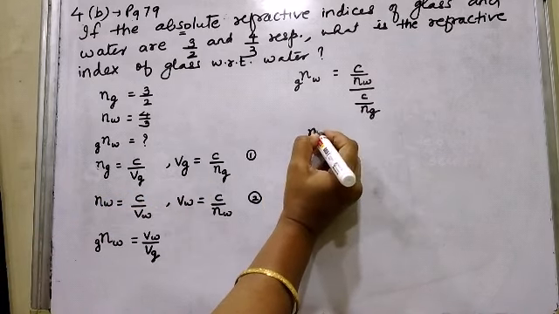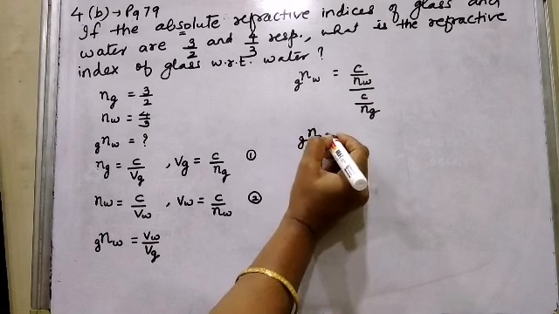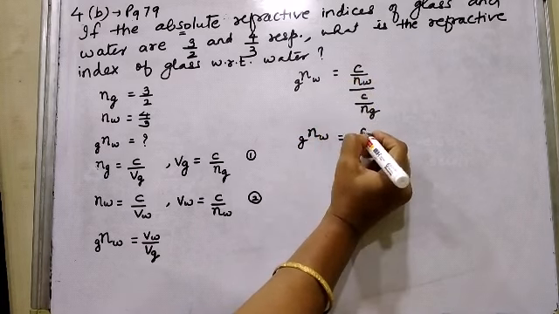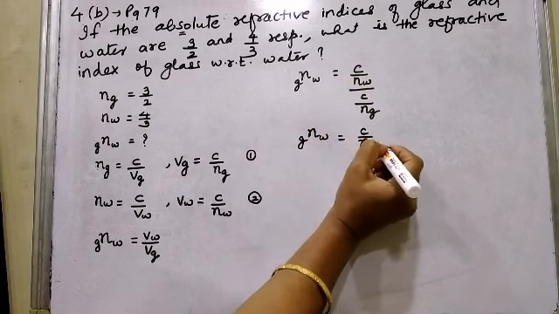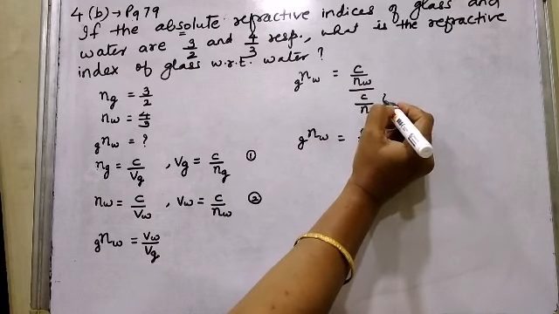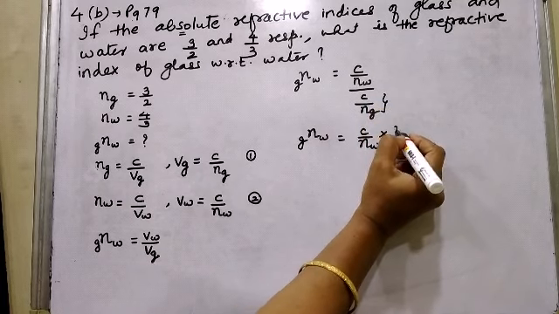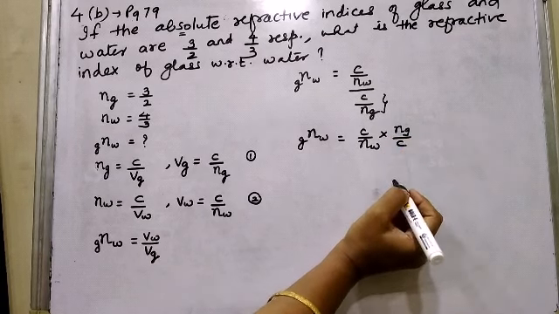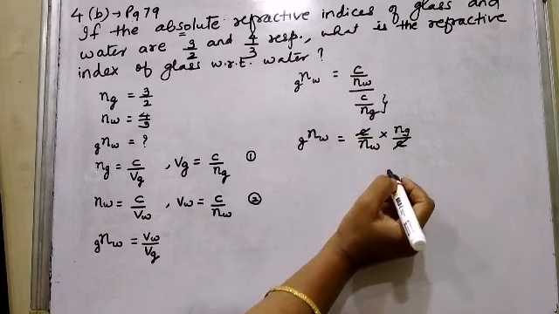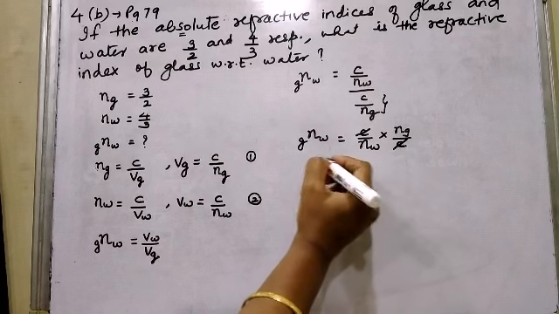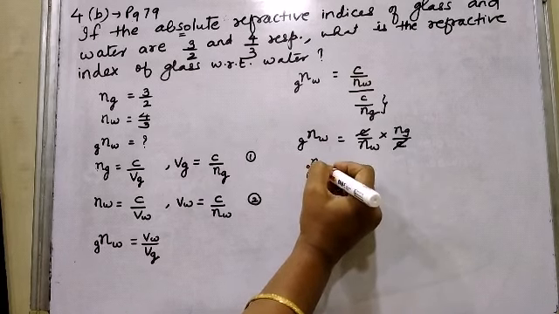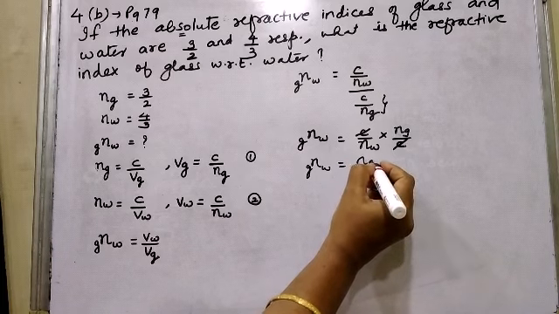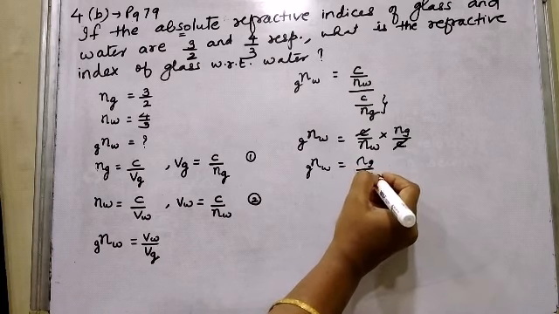The denominator becomes reciprocal, so we get C upon Nw times absolute refractive index of glass upon C. Velocity of light in vacuum will get cancelled. So refractive index of glass with respect to water will be absolute refractive index of glass upon absolute refractive index of water.